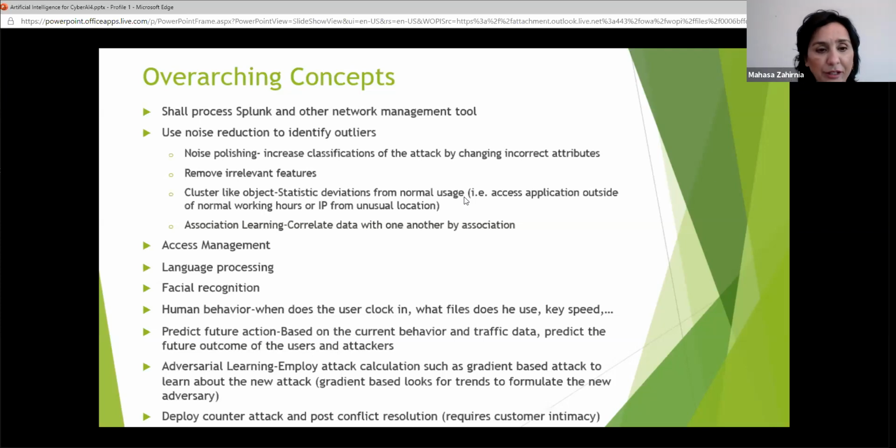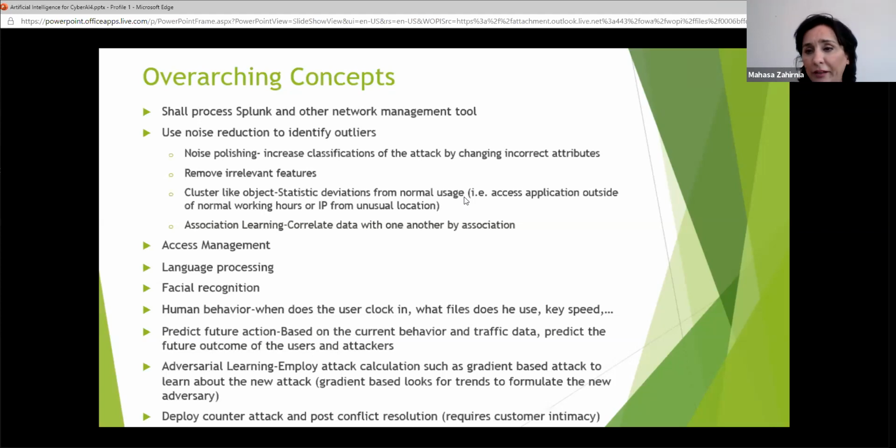We're going to also make sure that this agent does the access management, the language processing, facial recognition. These are key elements of biometric measurements that we have to be able to ingest. We can no longer depend on IP addresses and passwords and even security keys to really understand the situation.